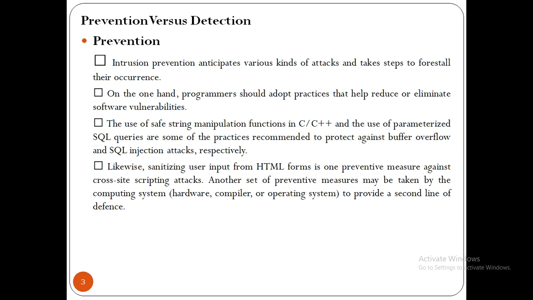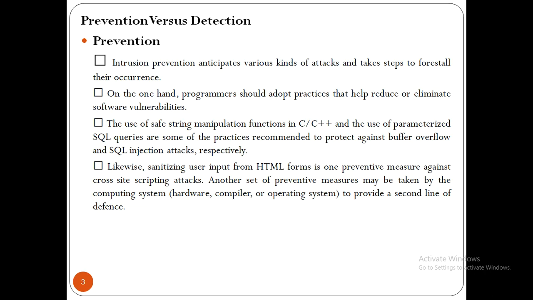Having this analogy in mind, let us now see how prevention and detection are different in terms of technical coverage. Intrusion prevention anticipates various kinds of attacks and takes steps to forestall their occurrence. Take the case of software vulnerabilities discussed in the first module.